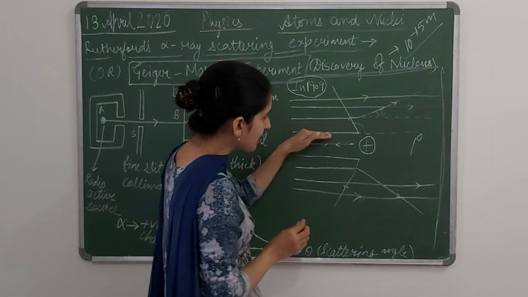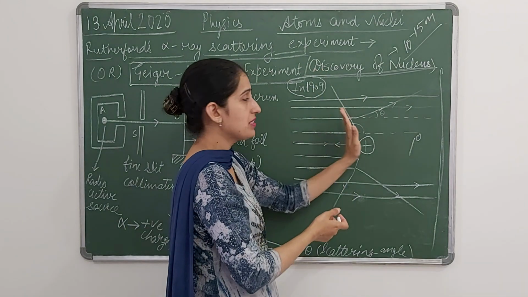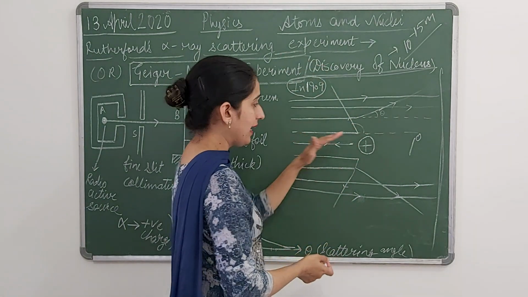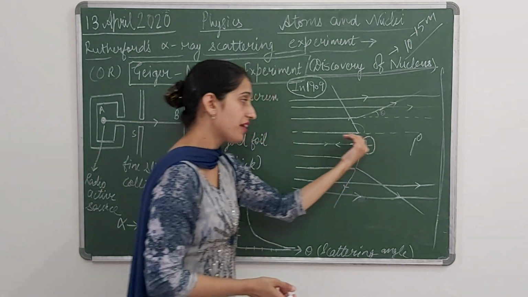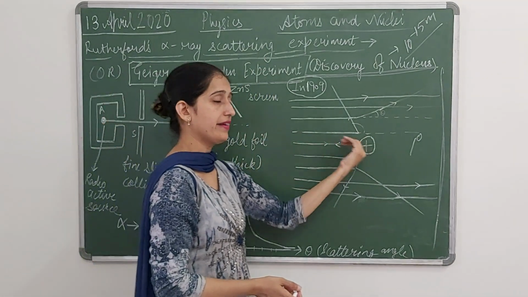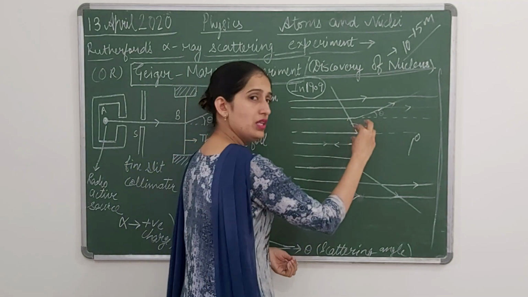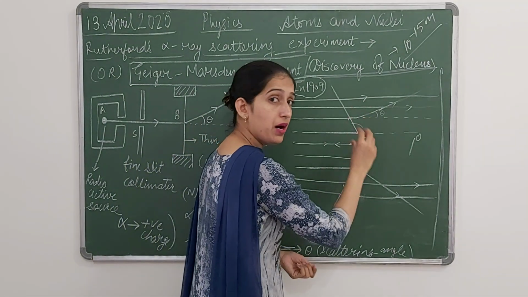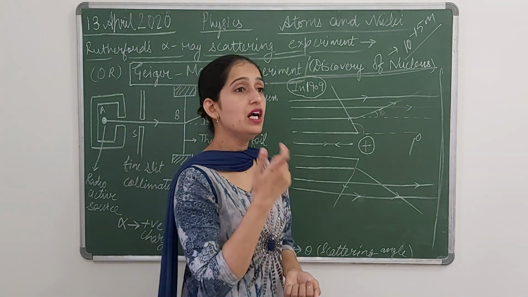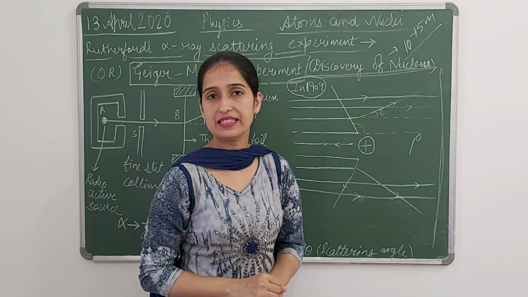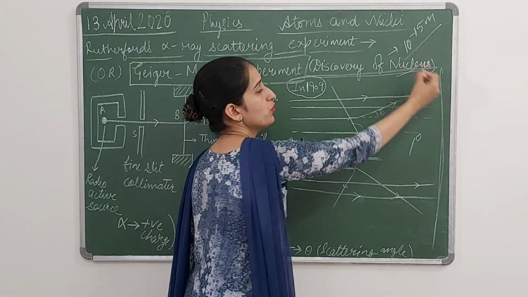The next ray which is coming nearer to this will be scattered by a larger angle, and the one going straight towards the center of the nucleus will retrace its path, scattered by 180 degrees. That means a small-sized thing having some mass and positive charge is present inside the atom, and that thing was named the nucleus.